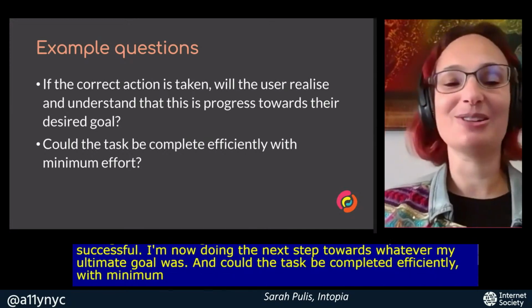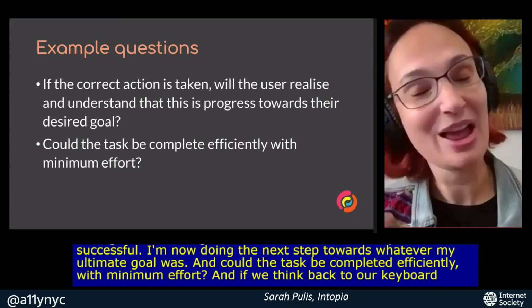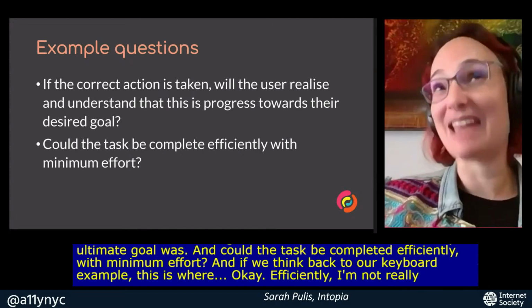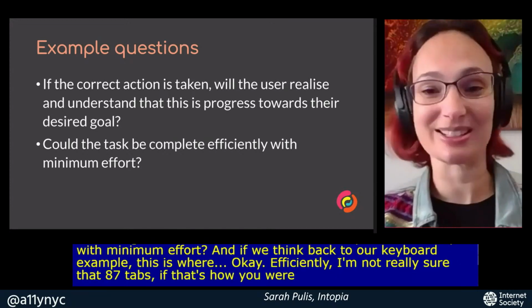And could the task be completed efficiently with minimum effort? If we think back to our keyboard example, I'm not really sure that 87 tabs, if that's how you were navigating through a website, would be considered efficient.